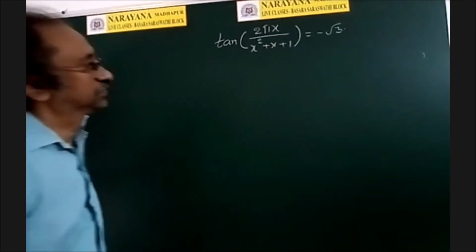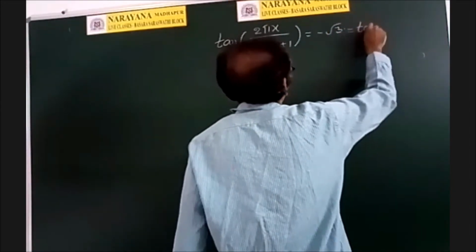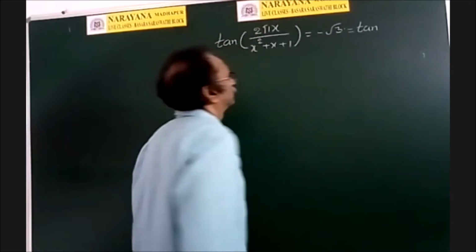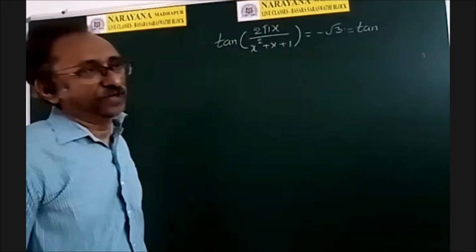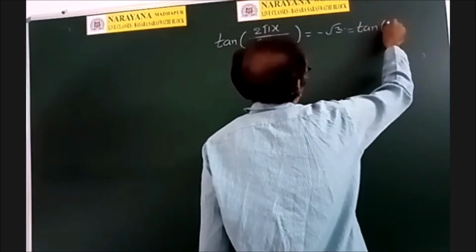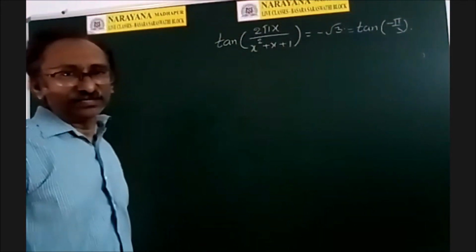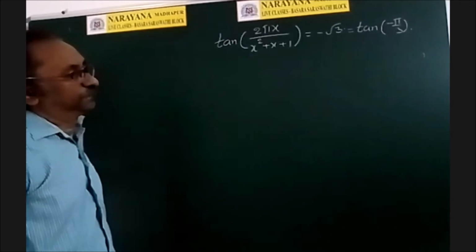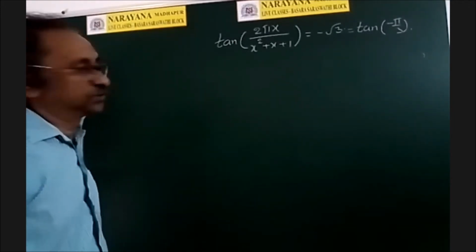Now to do this, what is minus root 3? Tan of what gives minus root 3? So you can take that as minus pi by 3, isn't it? Because tan minus pi by 3 is minus root 3.